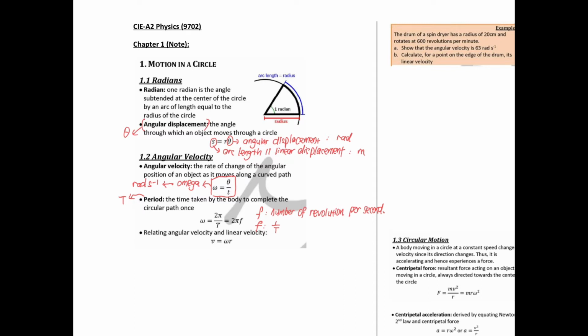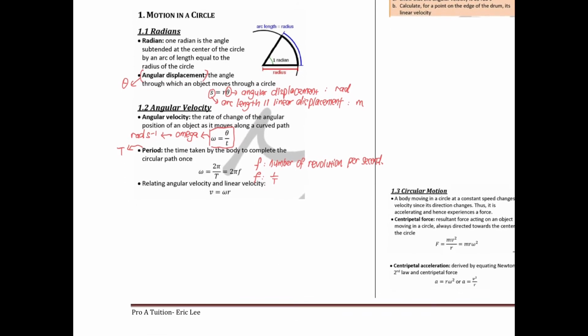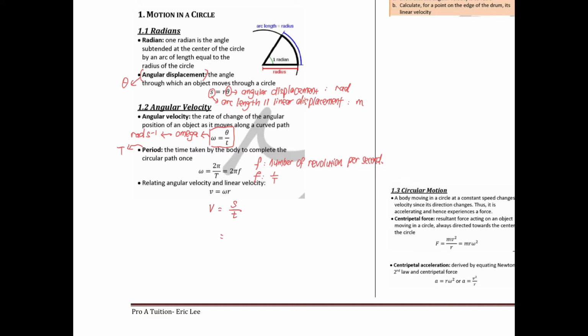Okay, so there is another way to take the formula, where you have to understand it in this way. First of all, you have to see it from the basic, where linear velocity is linear displacement over time. So this is a very basic formula. And we know linear displacement, the S, is actually r theta.